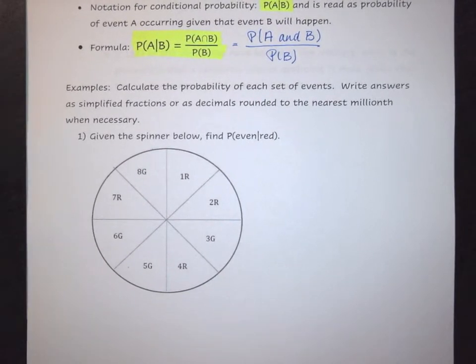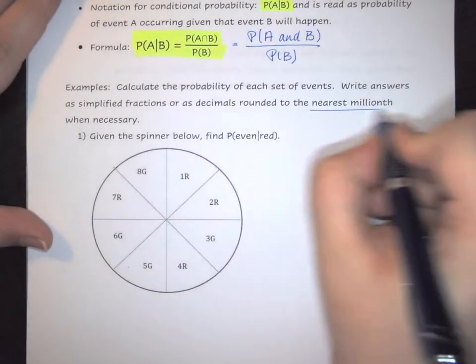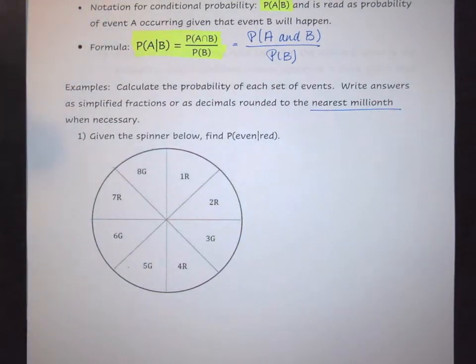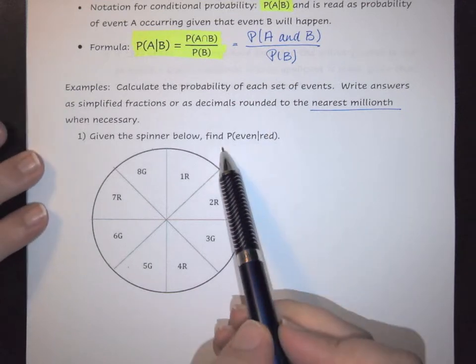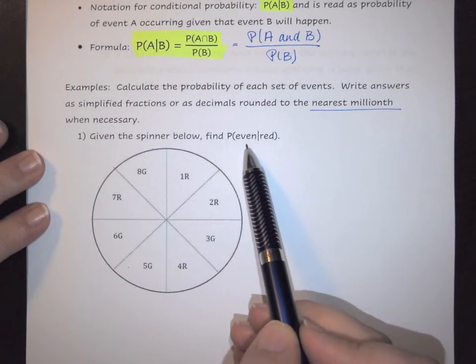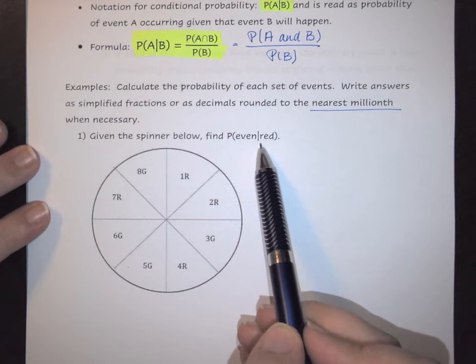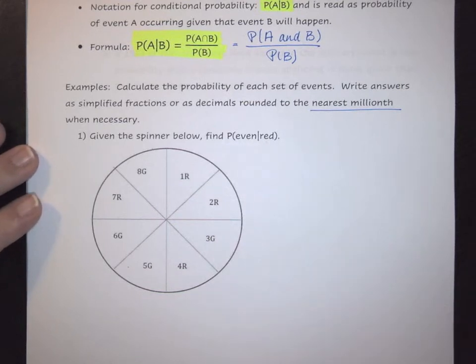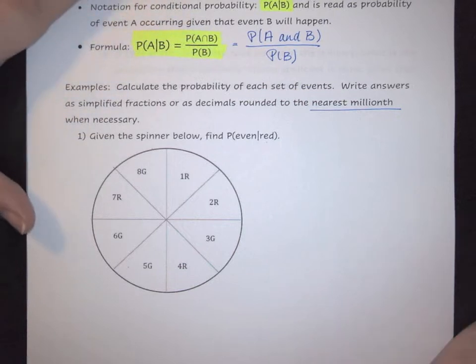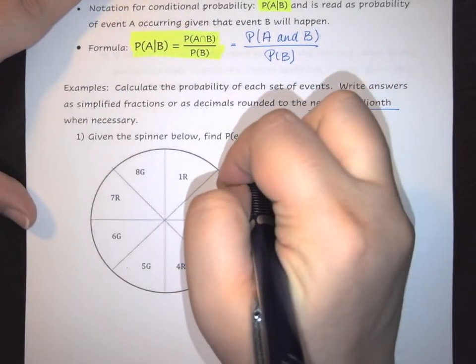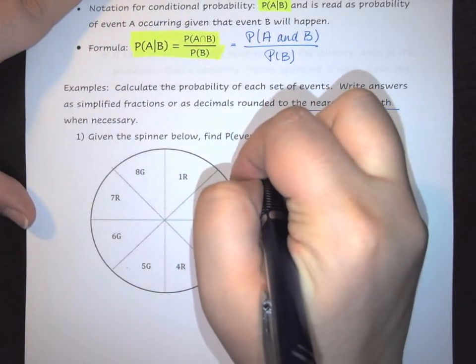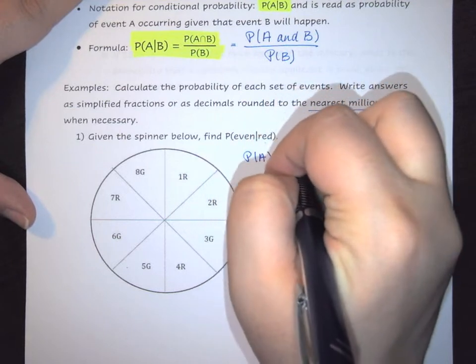Okay. So I've got a couple examples here that we're going to walk through that will hopefully help illustrate conditional probabilities a little better. First, we want to calculate the probability and round to the nearest millionth. That is important with probability. We're still rounding to the millionth, that's out 6 places. Here we've got a spinner. We want to find the probability of spinning an even given that we land on red. The probability of event A is going to be even.